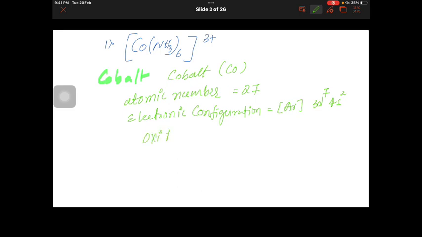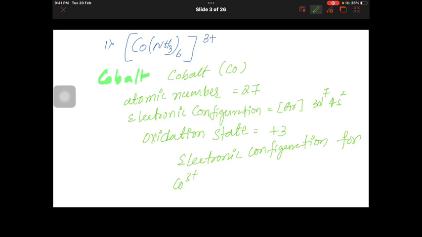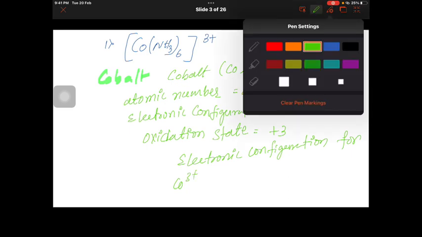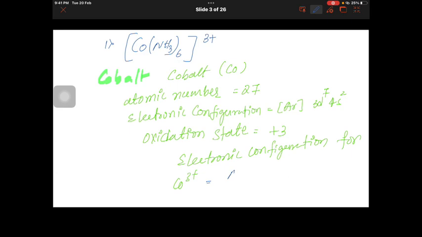Oxidation state +3. Electronic configuration for Co3+ is argon 4s0 3d6. Remove 2 electrons here and 1 electron here.